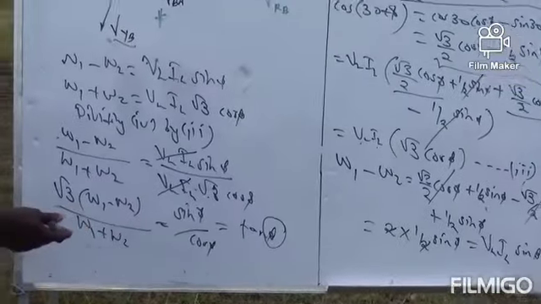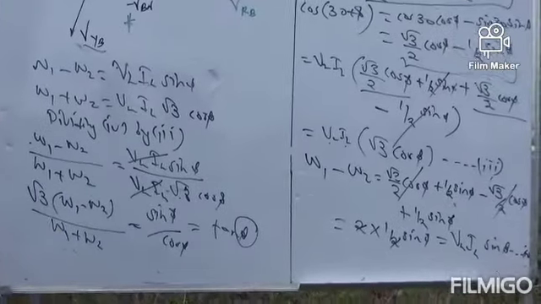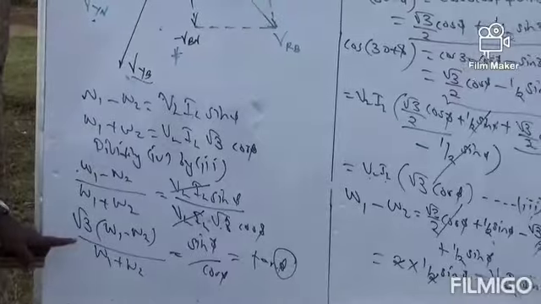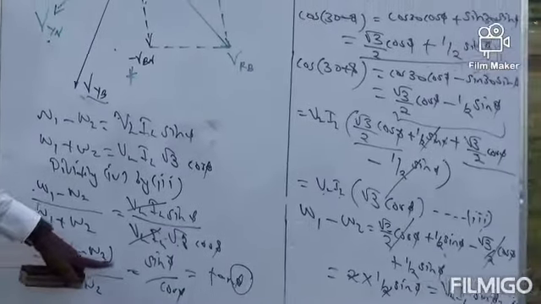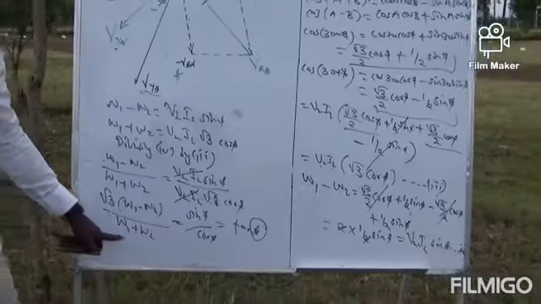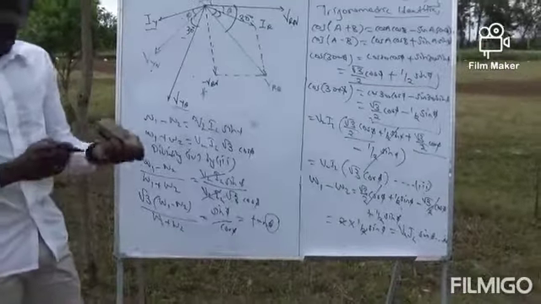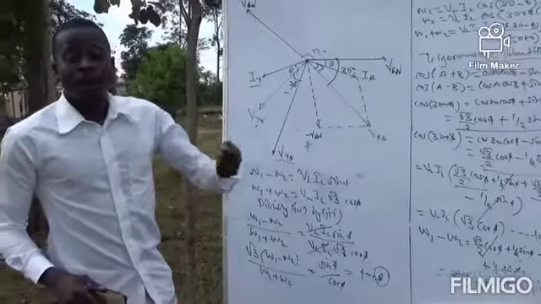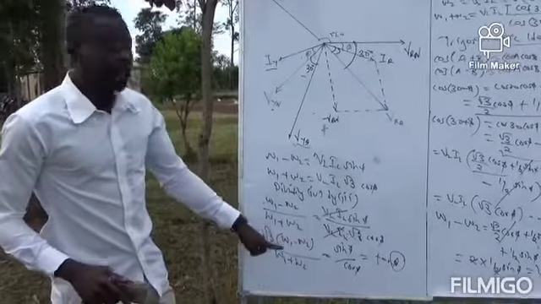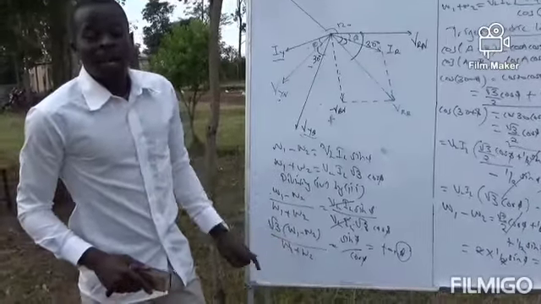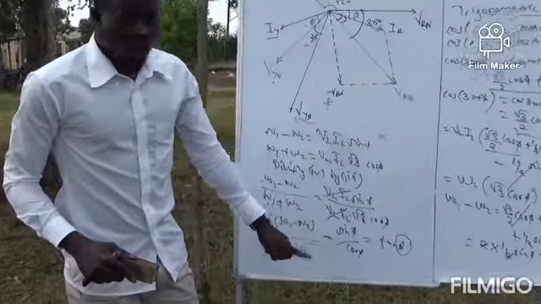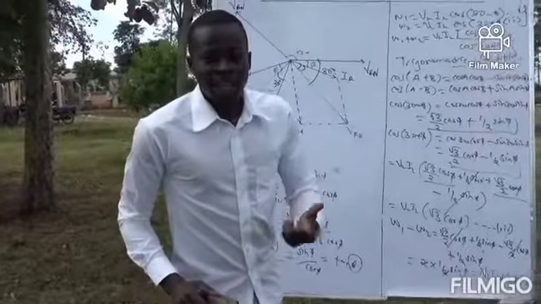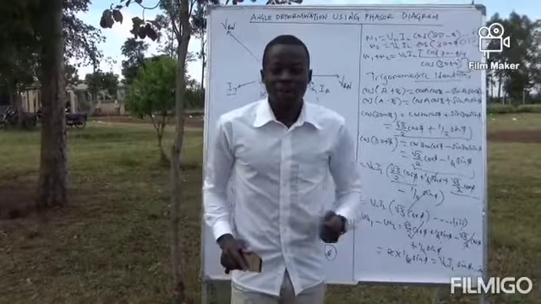And by using this formula, you are able to find the Phasor angle using tan phi equal to root 3 into wattmeter 1 minus wattmeter 2 over wattmeter 1 plus wattmeter 2. So you can only find the angle of this phase in a given power measurement when you already have the measurement of wattmeter 1 and wattmeter 2. So that is how you determine the angle using the 2 wattmeter method.